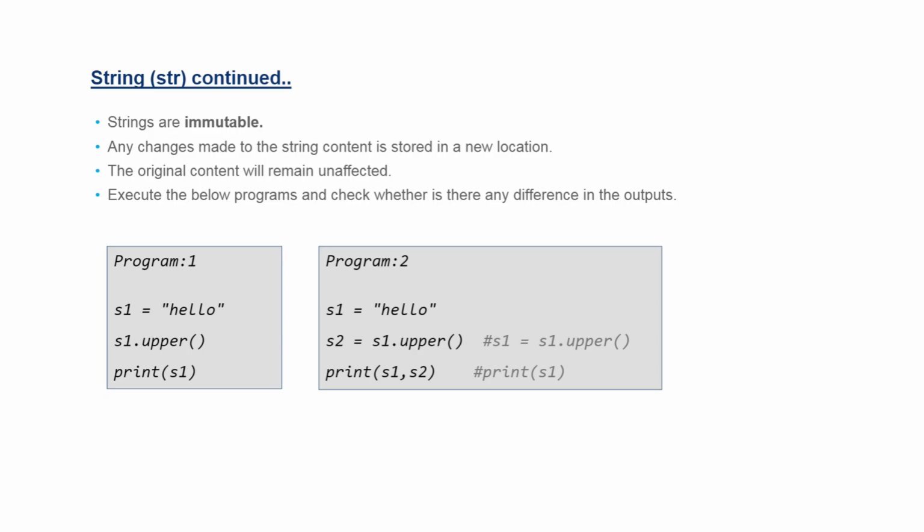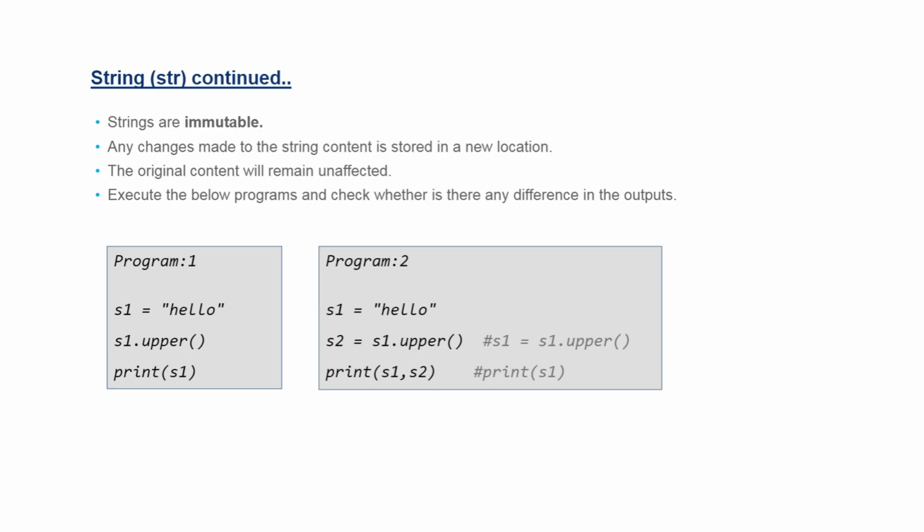S1 dot upper means it will be converted to uppercase. What will be converted to uppercase? The string that is stored in S1. So that is the meaning of S1 dot upper. We have declared just S1 dot upper, so we are not assigning any variable to it.